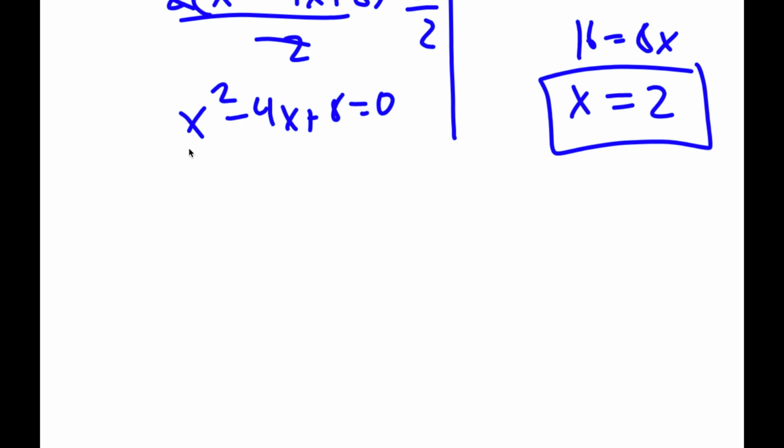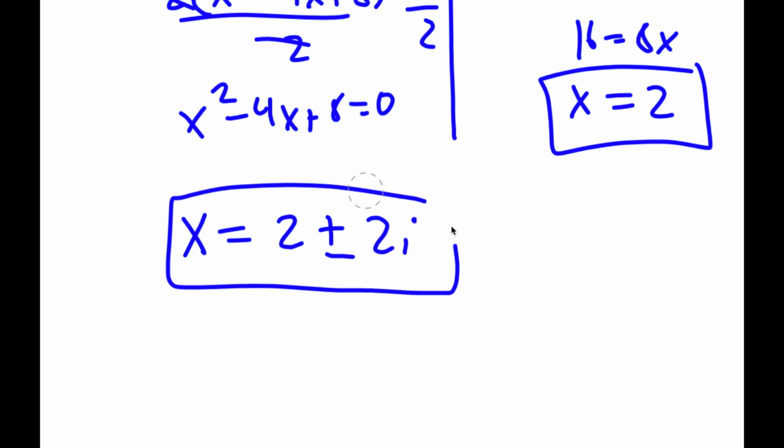And I'm actually not going to waste your guys' time by actually solving this, because that's going to take a while. But you do end up getting x is equal to 2 plus or minus 2i. So if you use the quadratic formula, this is the result that you should get.